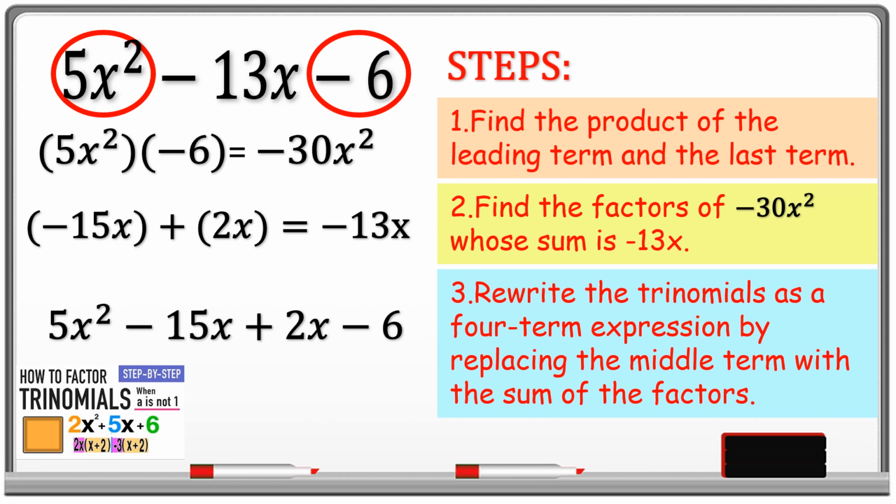So yung common factor sa kanila, pag isahin mo, which is quantity x minus 3, and of course, yung natitira po, yung 5x plus 2 ay pagsamahin mo and then another parenthesis. That's why our factors for our trinomial 5x squared minus 13x minus 6 is quantity x minus 3 and quantity 5x plus 2.